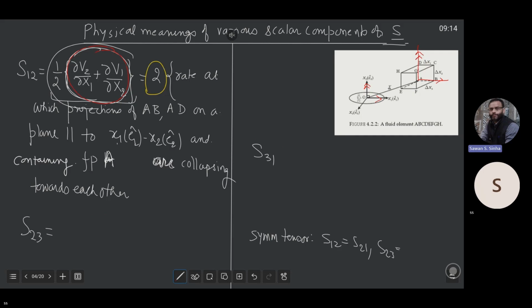However, note that the strain rate S12 component has a factor of half there. I mistakenly put 2 there. S12 is half the rate at which those two are falling towards each other.